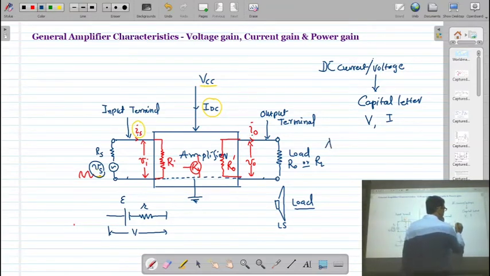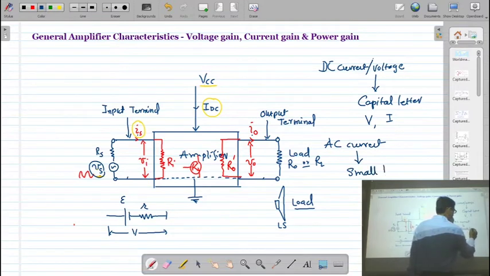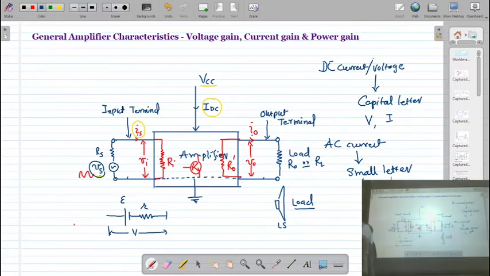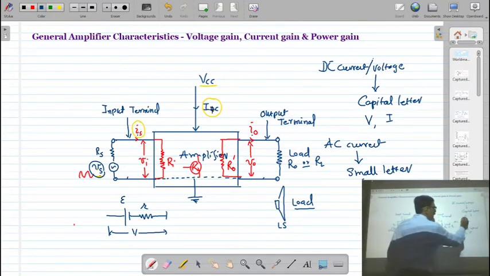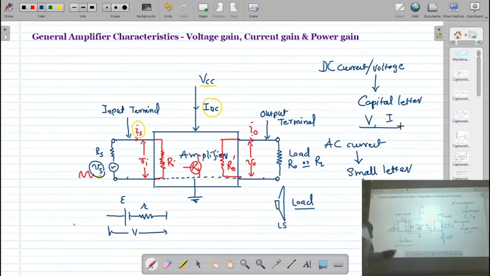For representing an AC current, always use a small letter, like a small i or a small v. For a DC current or voltage, which is not changing with time, always use a capital letter, and for the current and voltage which change with time, you have to use a small letter.